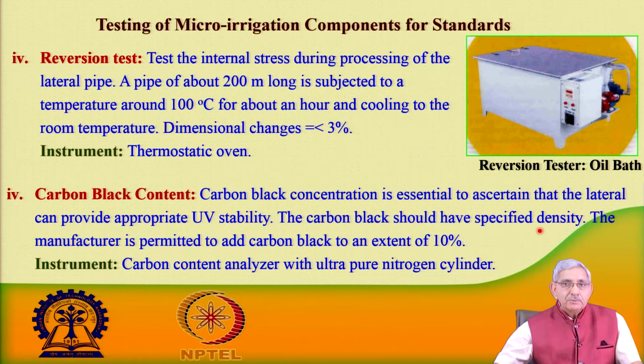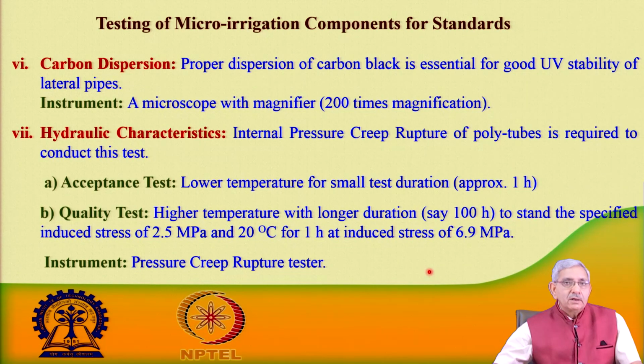It should have a specified density when carbon is being added, and it should be to the extent of about 10%. To know the black carbon content in the particular material, a carbon content analyzer is used, with a pure nitrogen cylinder, to measure the black carbon content.